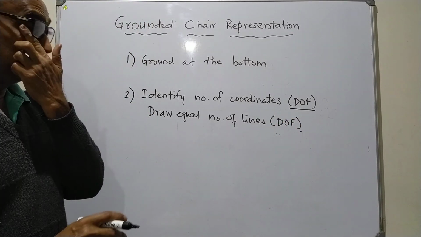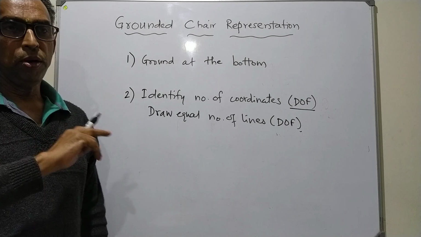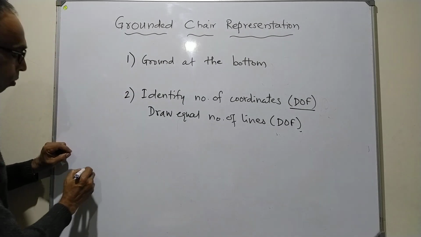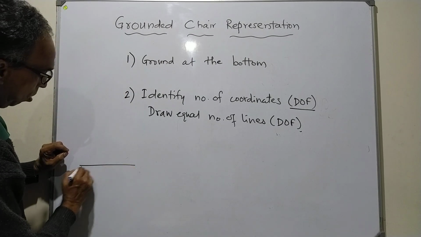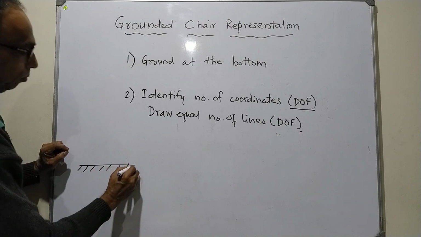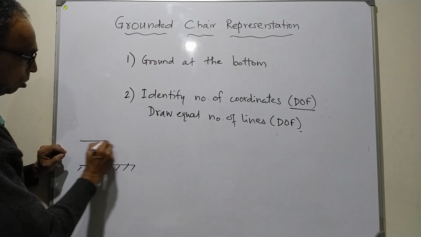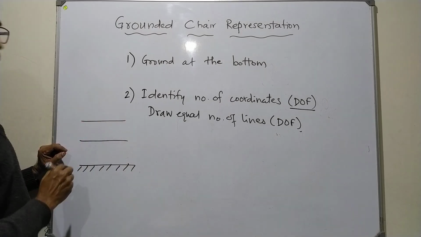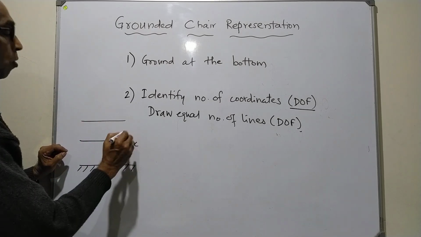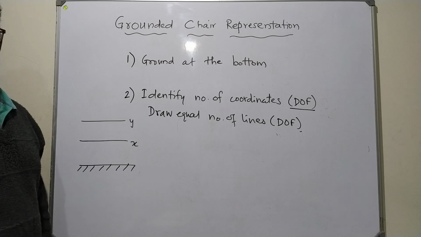If I have two coordinates, I have to draw two lines. How will it look? Suppose I draw ground at the bottom. If I have x and y as two coordinates, I draw two lines corresponding to the x coordinate and the y coordinate.